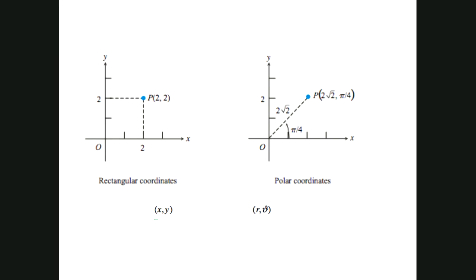So a rectangular coordinate is just an x and y value. You go over 2, you go up 2. That is a rectangular coordinate. Now, if I wanted to get to the same spot in a polar coordinate, that is r and theta.